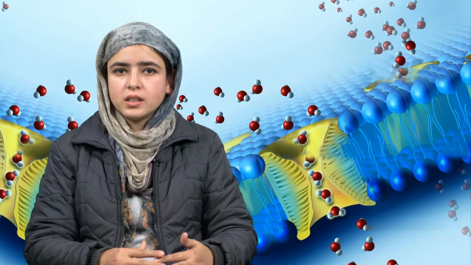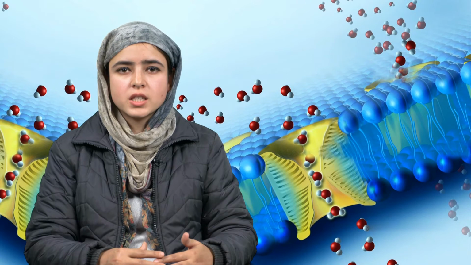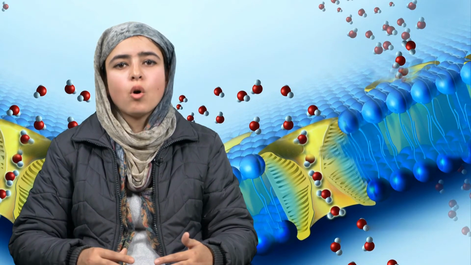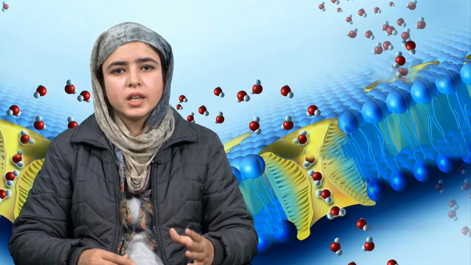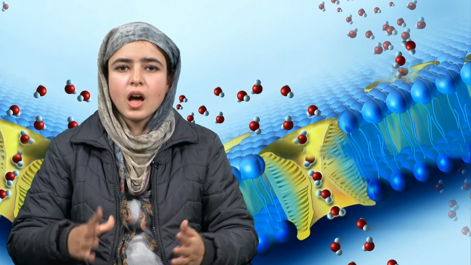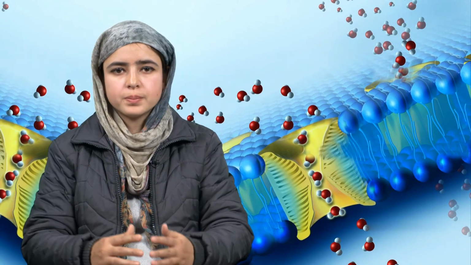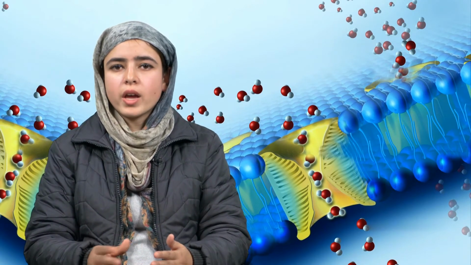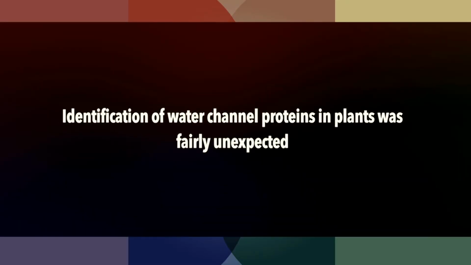In 1990, Workman's experiments demonstrated functional expression of water channels, indicating that water channels are effectively proteins. Shortly after the discovery of aquaporins in animals, the identification of water channel proteins in plants was fairly unexpected.